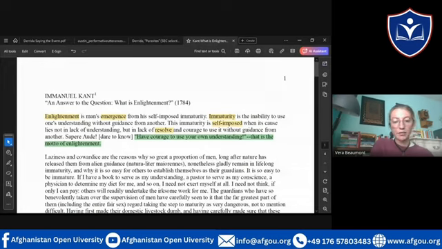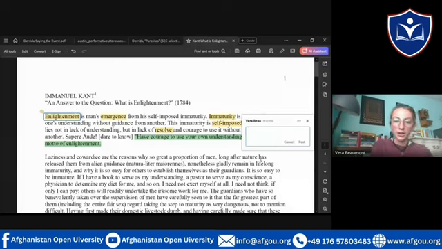So now that we have this highlighted, we can make a note for ourselves. Intellectual or spiritual. Okay.